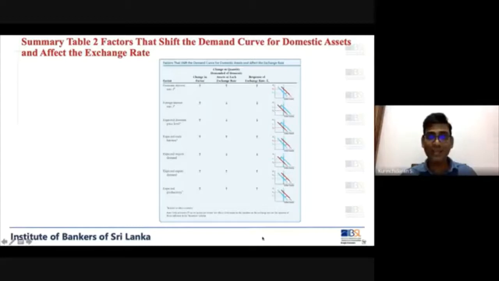Then your exchange rate is going to decline. You can see in the graph the demand curve moves from D1 to D2, moving inwards, and then the exchange rate declines to E2.